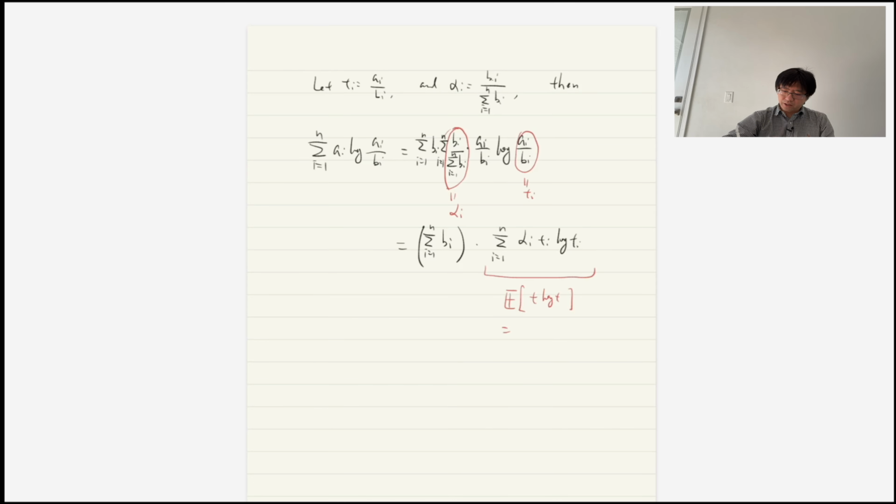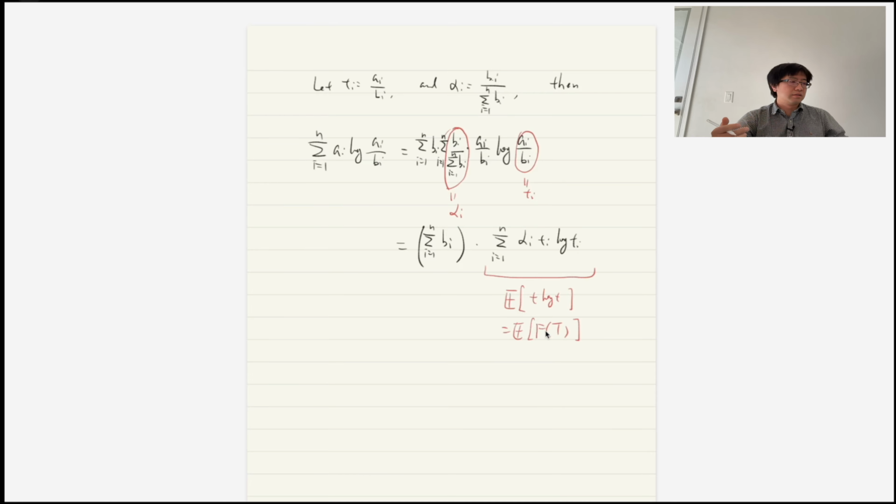So we can also write that as the expectation of f(T), our notation, with capital T if we treat T as a random variable. Now we have written the left-hand side as an expectation of some function.